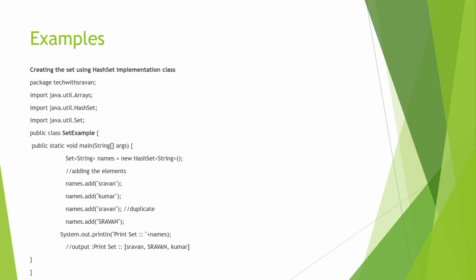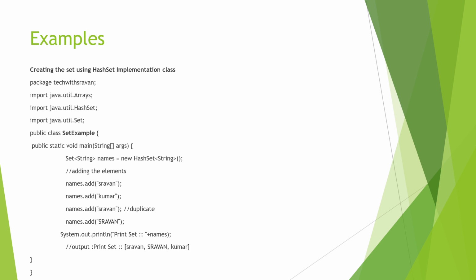The output will be Shravan, Kumar, so it removes the duplicate element Shravan. In this slide we went through how to create the set object, how to add elements to the set, and how it removes duplicate elements.